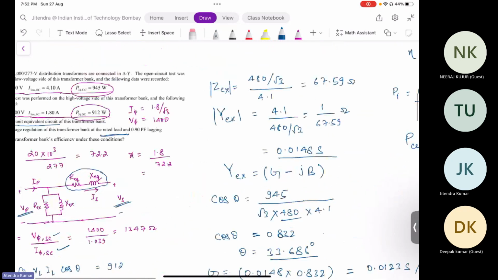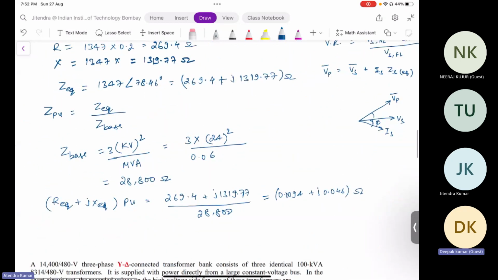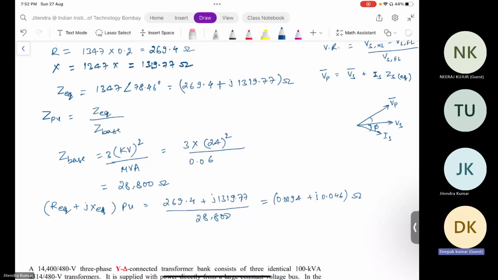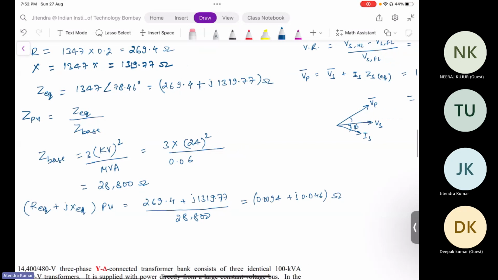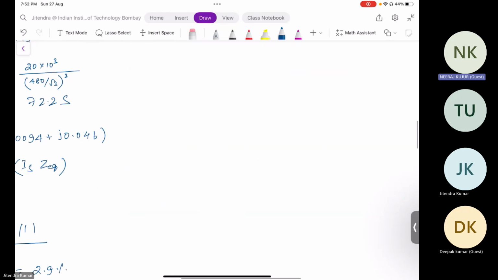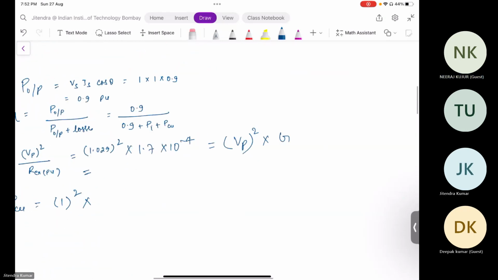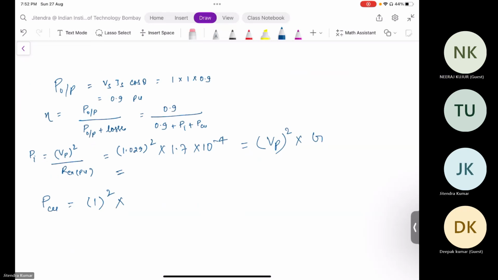Sorry, G is conductance here. Rc per unit is 0.0094, so it is 0.0094 per unit.